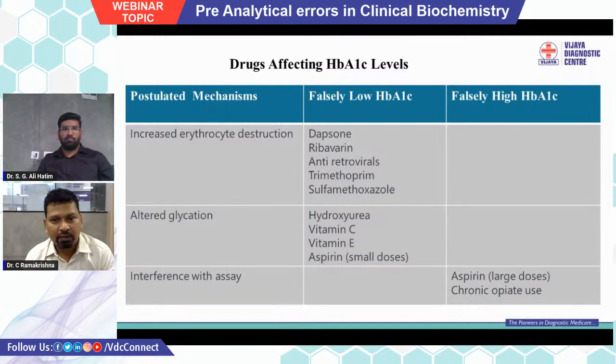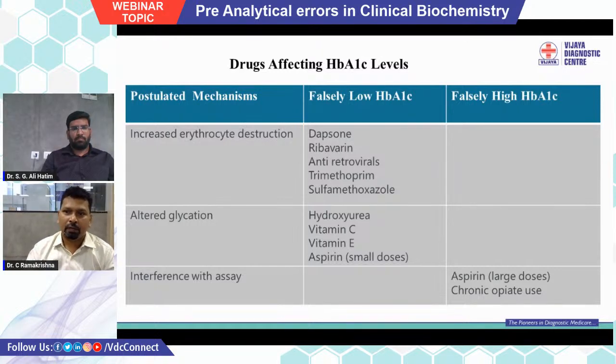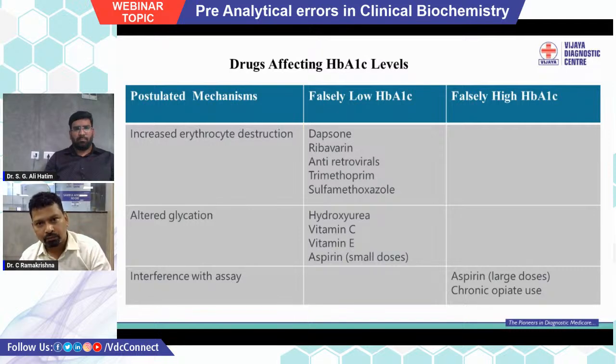And there are also drugs like hydroxyurea, vitamin C, vitamin E, and aspirin. These cause altered glycation, leading to falsely low HbA1c levels. And falsely high HbA1c levels are seen in aspirin and chronic opiate usage.